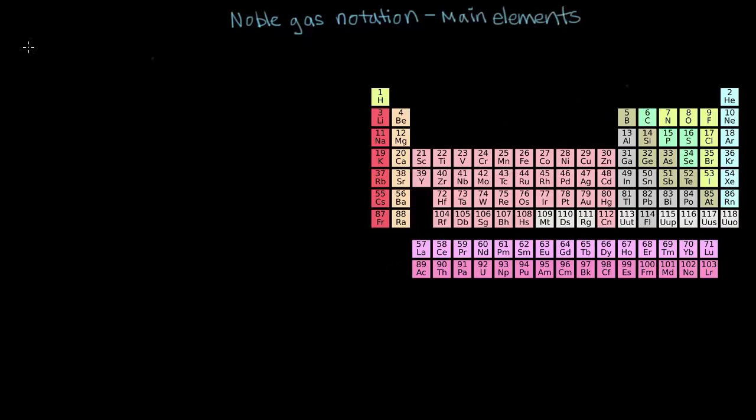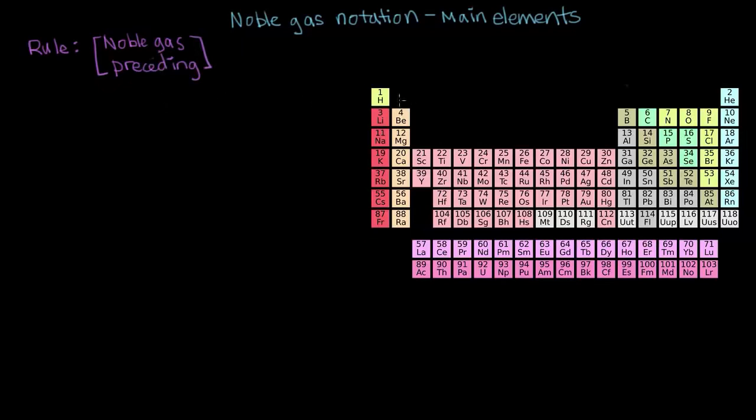So the rule for writing the noble gas notation for something is pretty simple. You take the noble gas immediately preceding your atom or ion. What do I mean by immediately preceding? That means we want the noble gas that comes right before it.